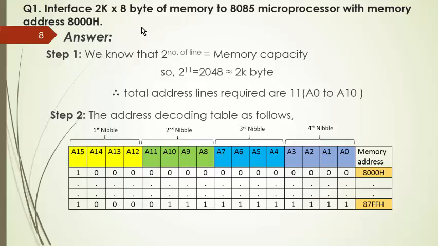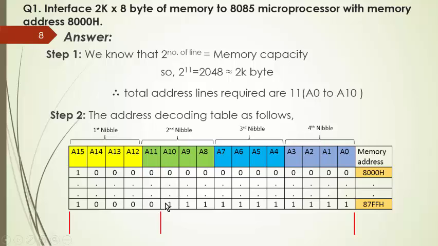Then you have to find the final address. How to find the final address to get this 2 kilobyte of memory capacity? The starting address is given as 8000, but the final address we don't know. To find it, we have already calculated the number of address lines: for 2 kilobyte we require 11 address lines, that is A0 to A10.